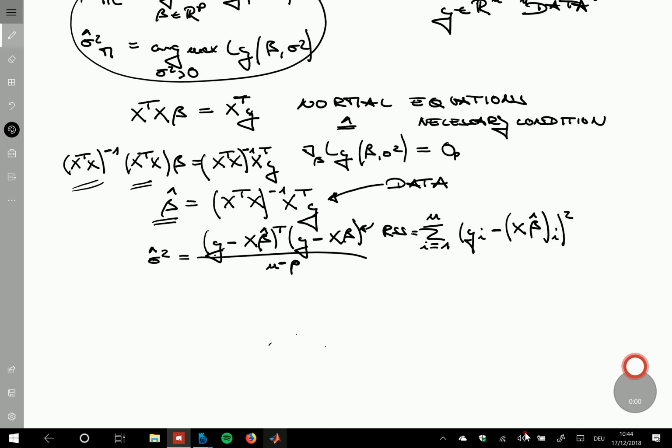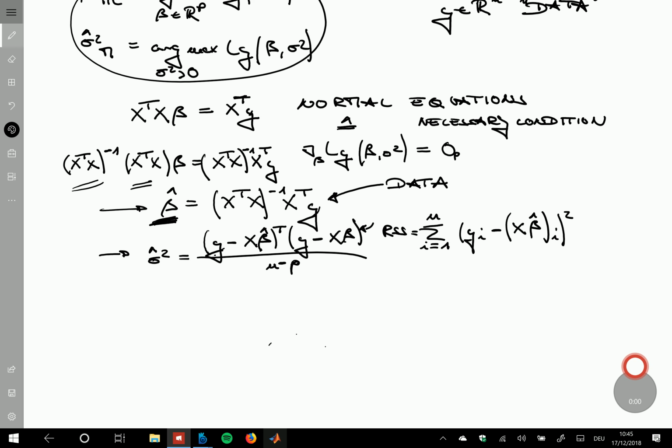So essentially, the beta parameter is estimated by applying this little formula to the data. The variance parameter is then estimated by computing the residual sum of squares, the remaining difference between the prediction based on the beta estimate, and dividing this by n minus p, which is the restricted maximum likelihood estimator.